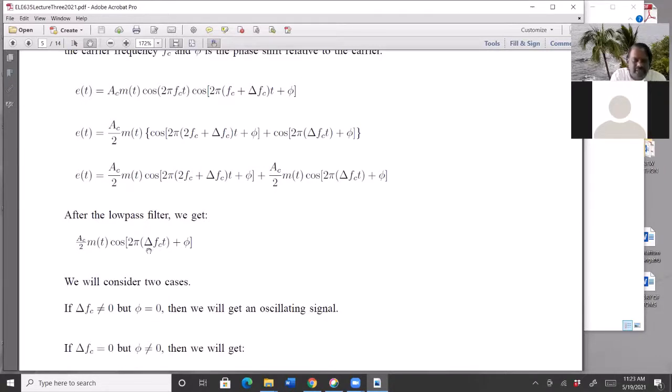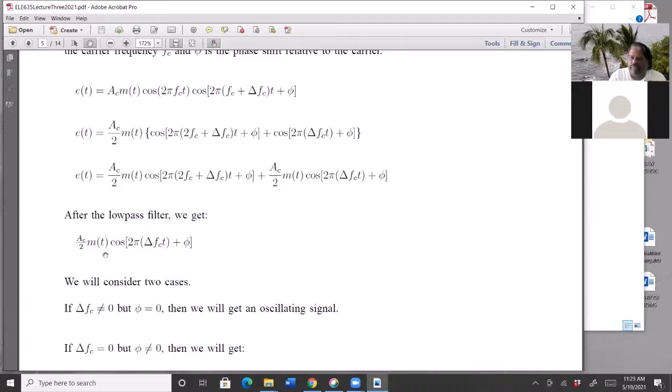Now what if delta Fc is 0, that there is no shift in the frequency, it's exactly 680 kilohertz, but phi is like 30 degrees. So you have cos 30 degrees, which is a constant. So which is a constant attenuation. So instead of receiving this, you are getting a fraction of this.